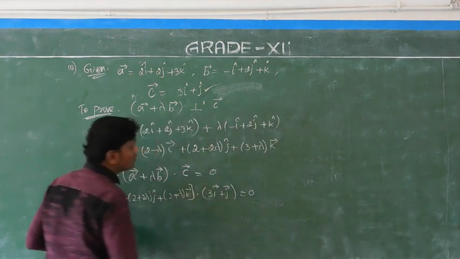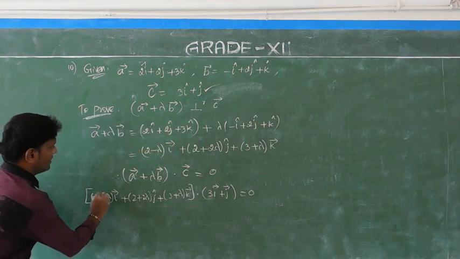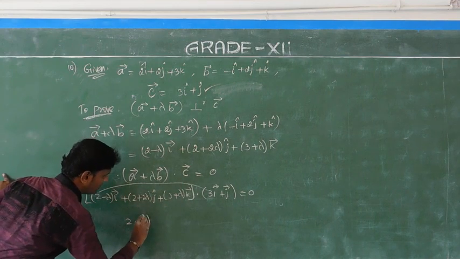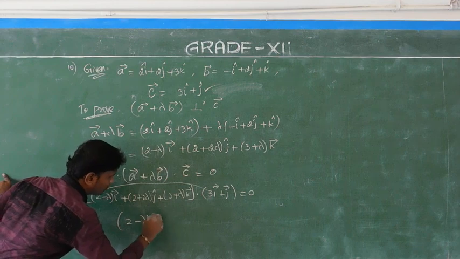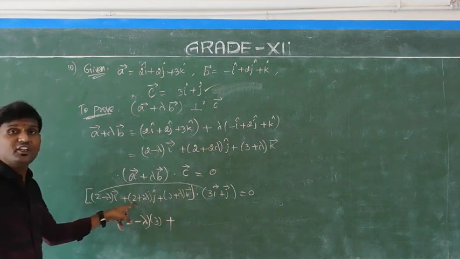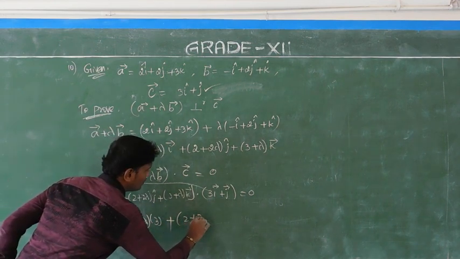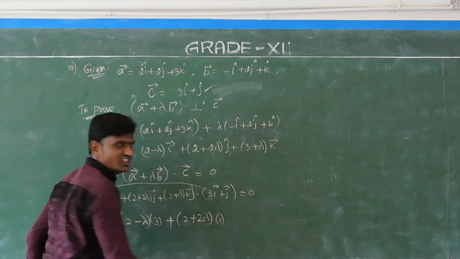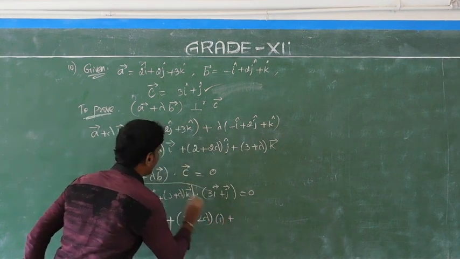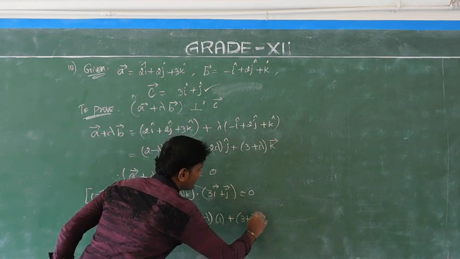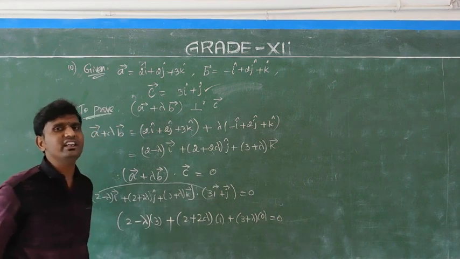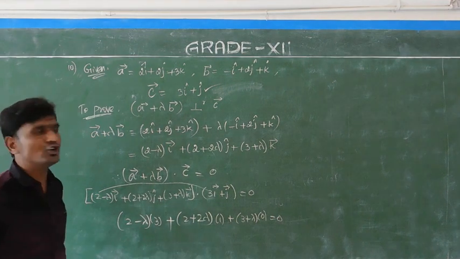Taking i to i: 2 minus lambda into 3, plus j to j, that is 2 plus 2 lambda into 1, and k to k, the k here is 3 plus lambda and there is no k term, so simply we write equal to 0. Have you understood?